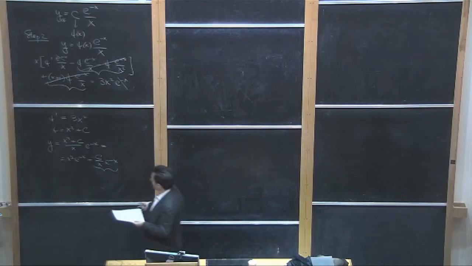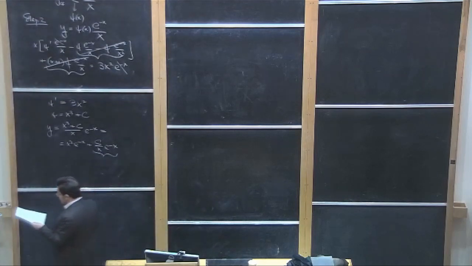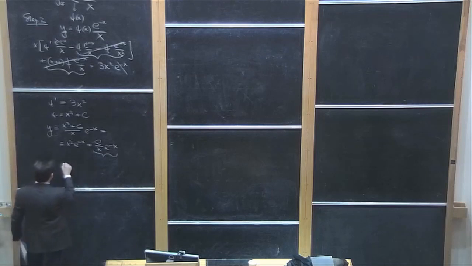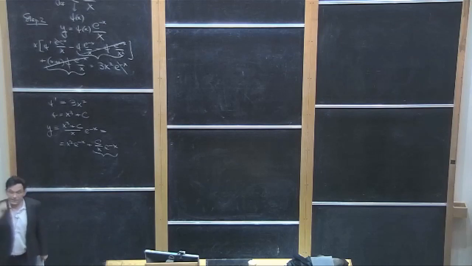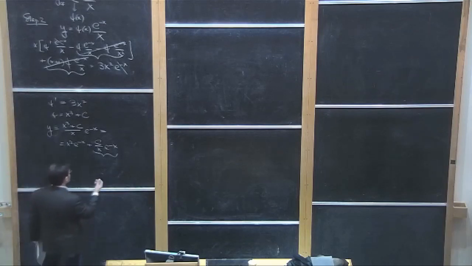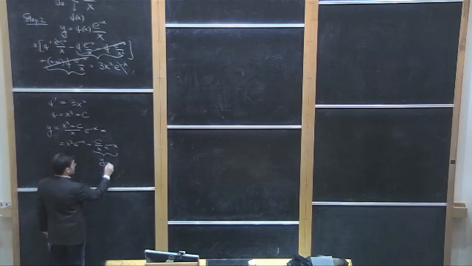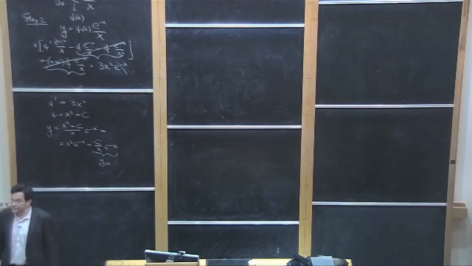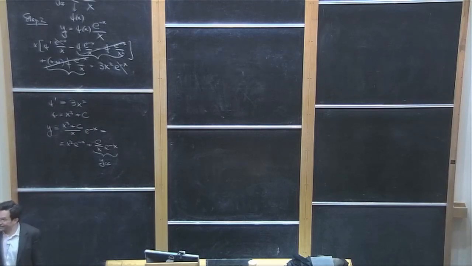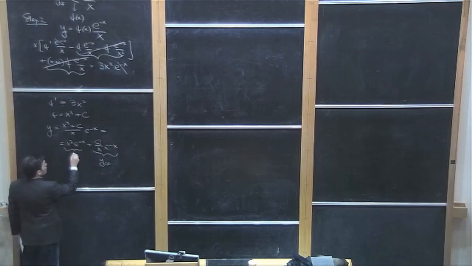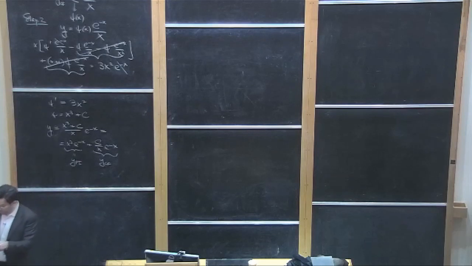So, all right. And this, of course, is a particular case of a general situation, which is that the solution to any linear equation, not necessarily first order, consists of the complementary function, which is the solution to the homogeneous equation, which will have the number of constants equal to the order of the equation, 1 in this case, and of a particular integral or particular solution to the inhomogeneous equation.